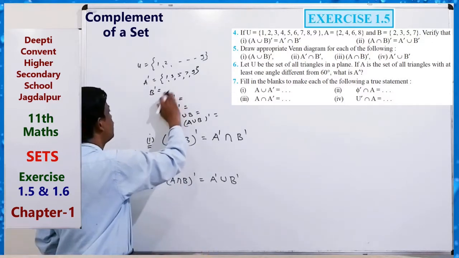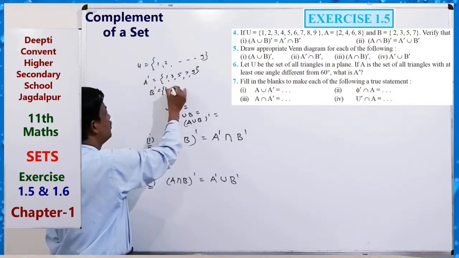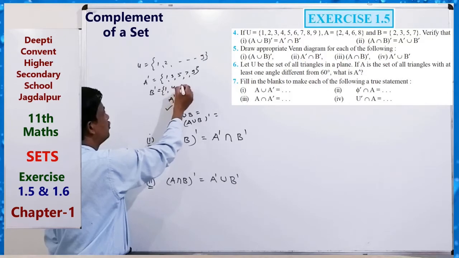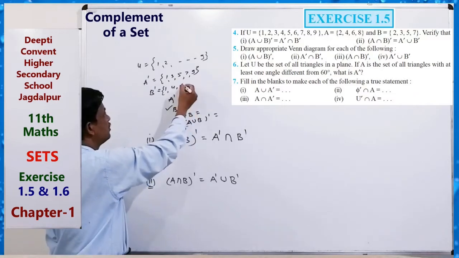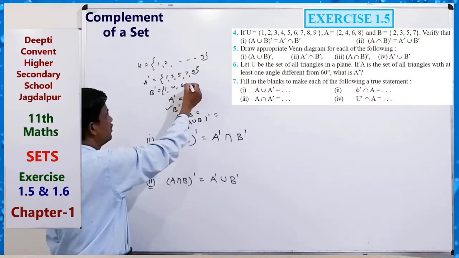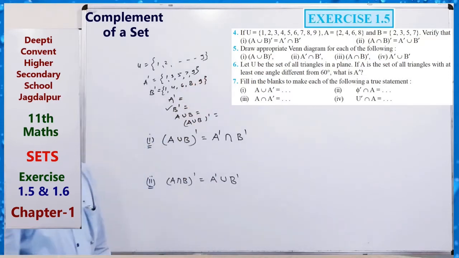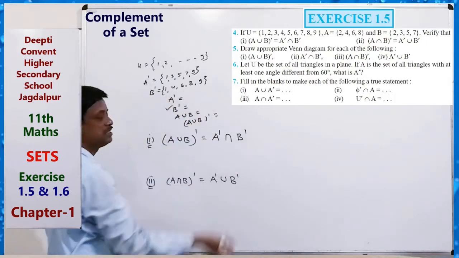So except 2, 3, 5, 7, B dash is 1, 4, 6, 8, 9. So A dash and B dash are this.